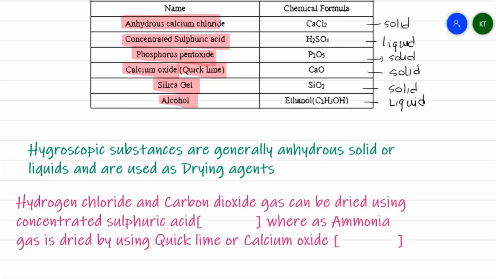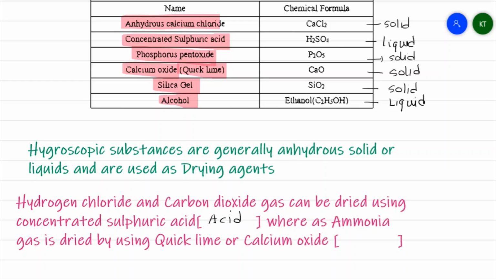Generally, these hygroscopic substances are also used as drying agents because they show a tendency to absorb moisture from gases. Let us take an example. We have hydrogen chloride and carbon dioxide gas. These two gases are acidic, so I use concentrated sulfuric acid, which is also an acid, and no reaction takes place between them.